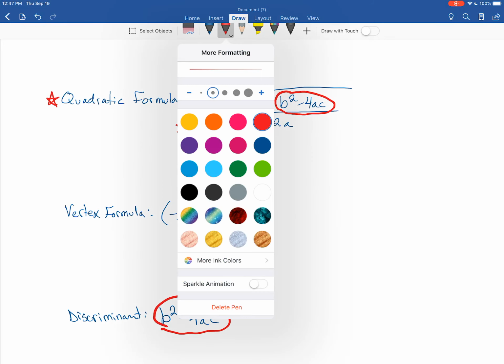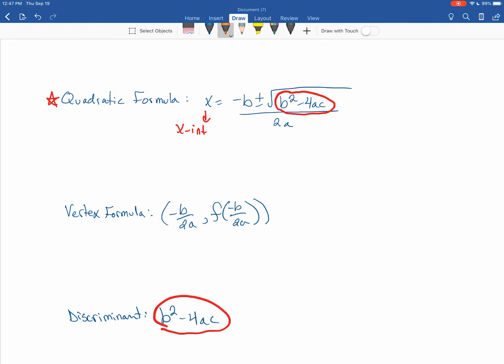And then also, what's held inside there is, look at this, the negative b over 2a. That is the same as your vertex formula. So just really focus on memorizing your quadratic formula, and if you remember it, you get the other ones for free. And how this works together is, let me switch back.